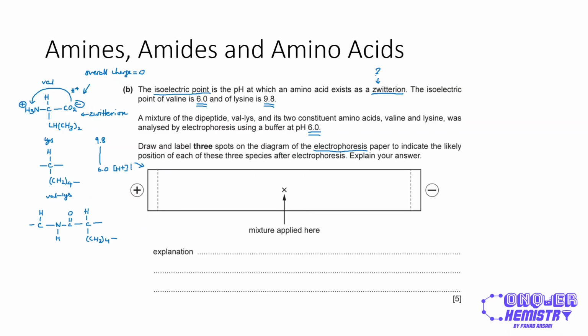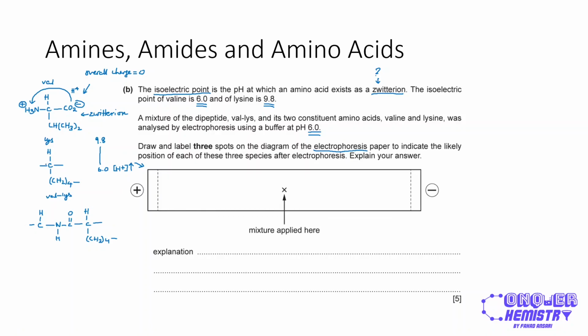So the basic groups of lysine are going to gain those excess hydrogen ions floating about in the solution at that low pH below the isoelectric point.